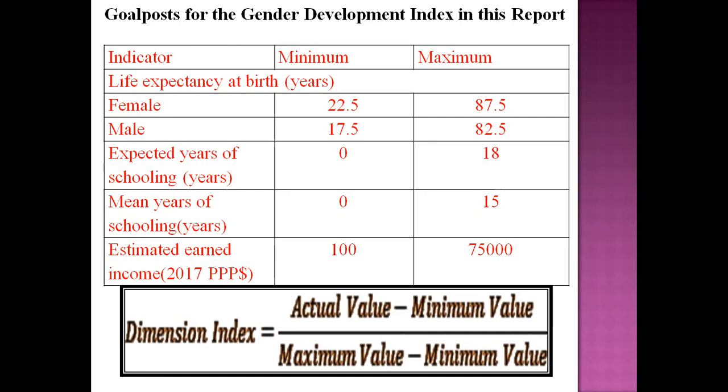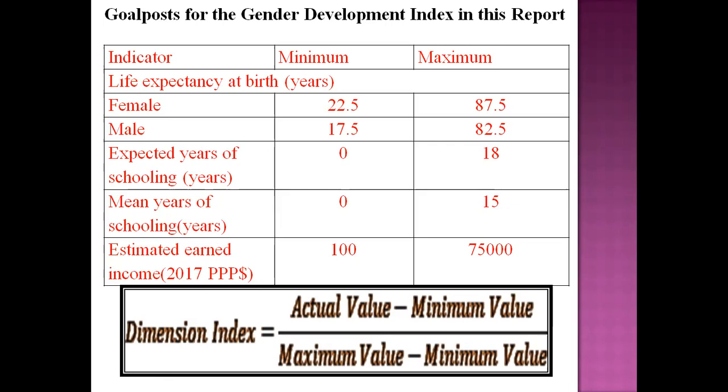And you can see that the gap between the minimum male and female life expectancy at birth is 5 years, and it is also true for the maximum goalpost for the difference between male and females.